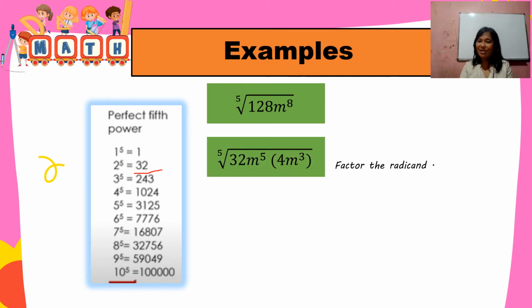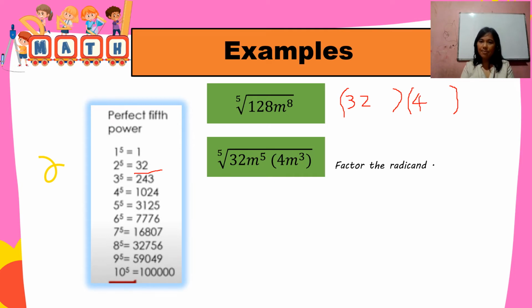Uy! Nakalimutan natin gumawa ng 2 sets ng parentheses. Sorry. Okay, combination pala siya ng number tsaka variable. So, ito yun. Bali, 32 yung ginamit natin. When we divide 128 by 32, yung sagot niya is 4. So, sa kabila yung sagot. Yan.